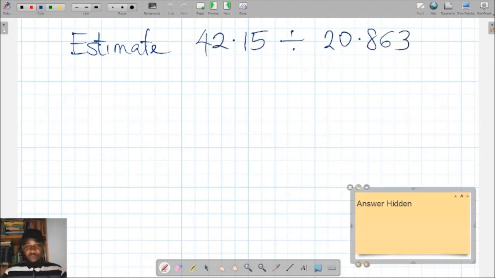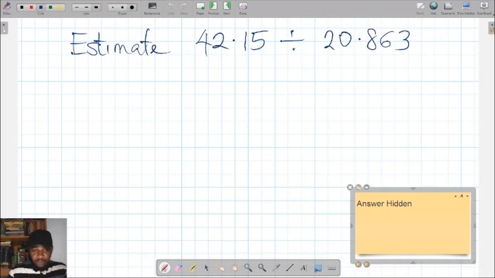Whoa, this one is a little bit more complicated. It says 42.15 divided by 20.863. Okay, so 42.15 is between 42 and 43 in terms of whole number. This time I'm rounding off to the nearest whole number. So that is why I said you can choose any place value that you want. You can choose to round off to the nearest 10 as well. So I'm rounding off to the nearest whole number.